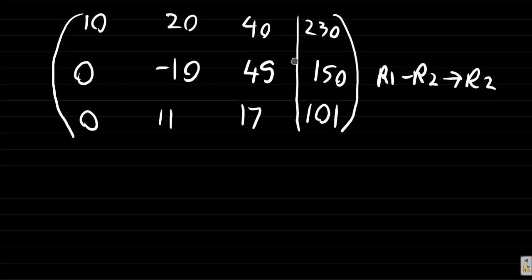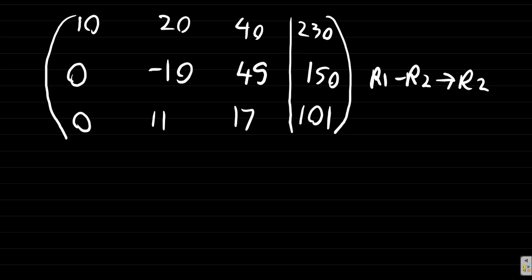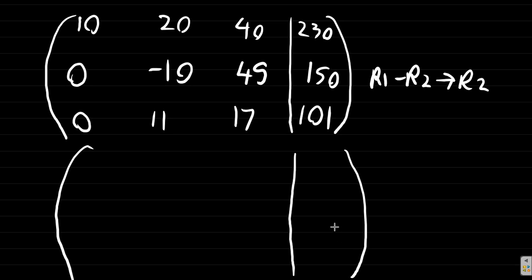So there we have our zeros, one above the other. Now we can interfere with row 2 and 3 because these zeros are now safe. No matter what number you multiply row 2 or row 3 by, this will remain 0, this will remain 0. And when you add row 2 and row 3 or subtract, this will remain 0 and this will remain 0. Alright? So let's keep row 1 as it is. 10, 20, 40, 230.